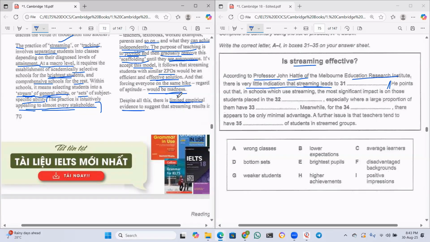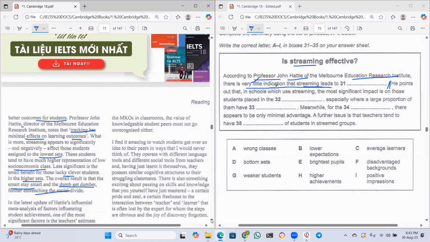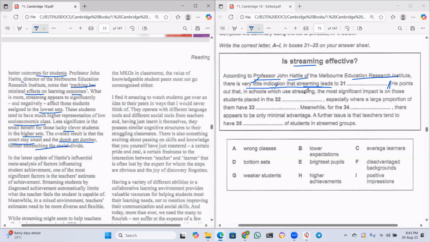So, can you match that? Limited means very little. Evidence means indication that streaming results in better outcome for students, that streaming leads to better outcomes. So there should be better outcomes here. But in the options, we are not finding any word called better outcomes. So we have to match a synonym here again, right?